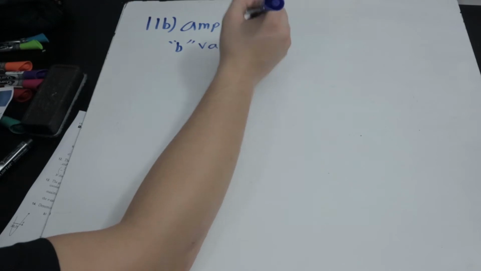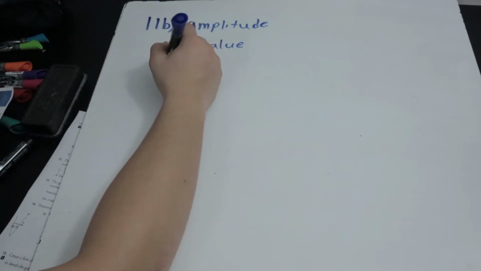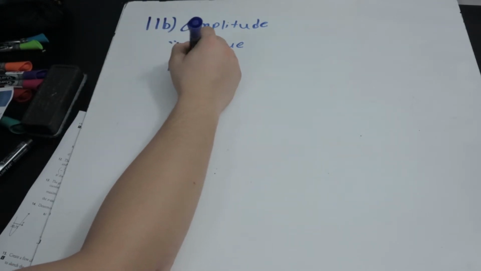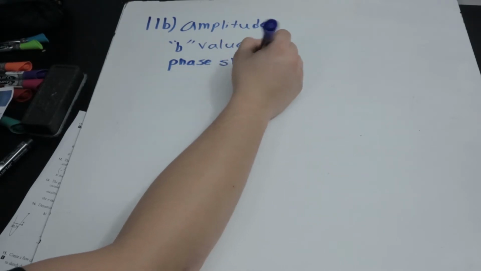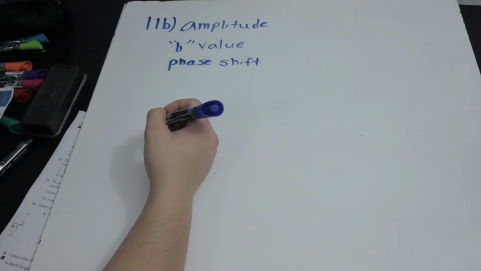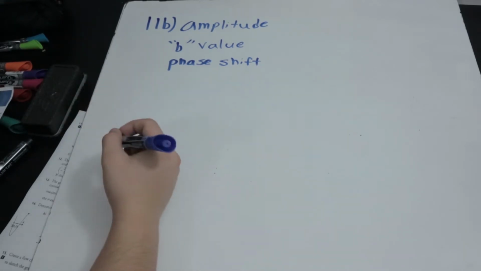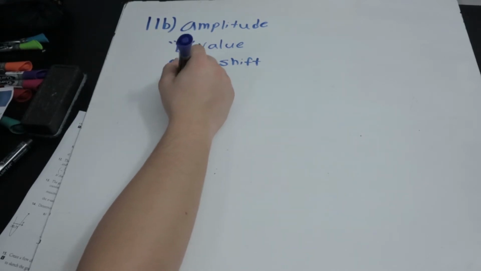The b value tells us whether the graph has been horizontally compressed or stretched, and by how much. Next, the phase shift. The phase shift can be determined by looking at the graph, and it tells us how far the graph has been shifted left or right from the origin. Then the equation of axis.